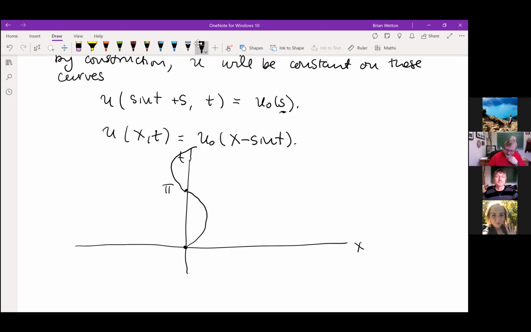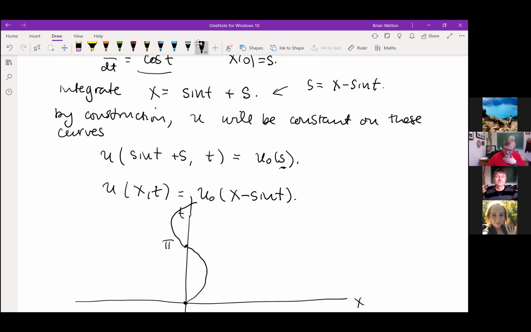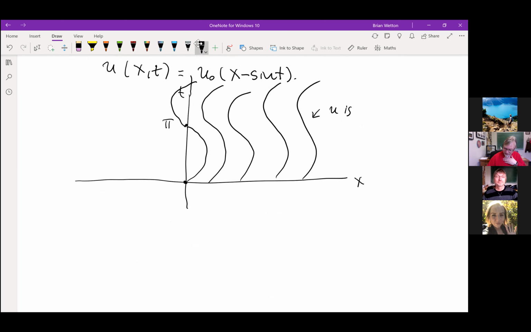So I've got characteristics that look like this. And there's no complicated x dependence, right? Or s dependence, I guess I should say. All the characteristics have the same shape. They're just shifted, right? And on these curves, u is constant. These are curves we're calling characteristics.